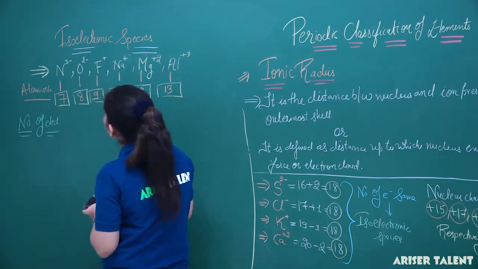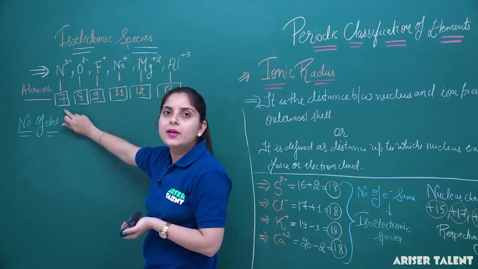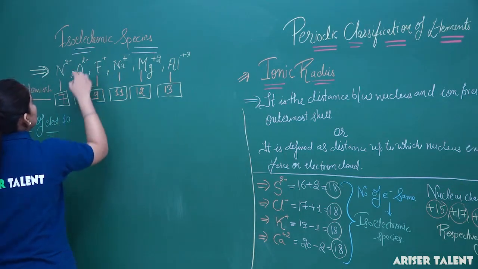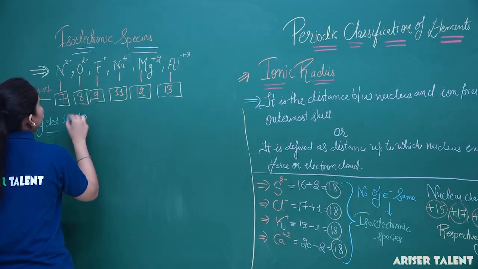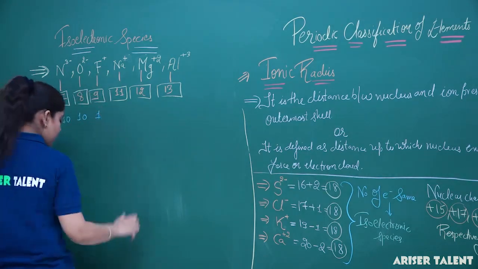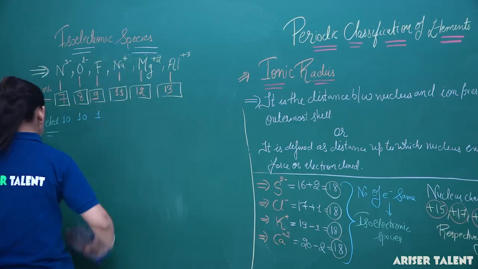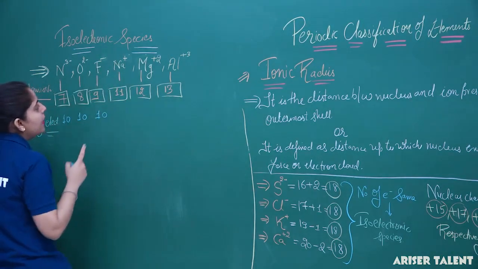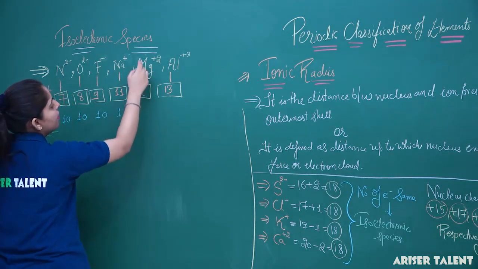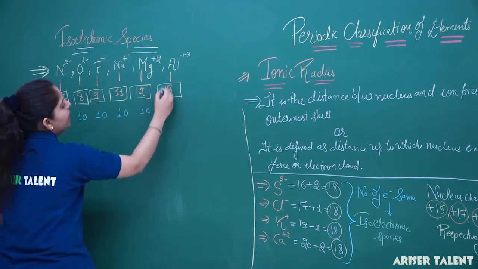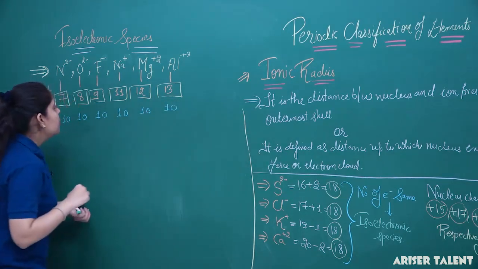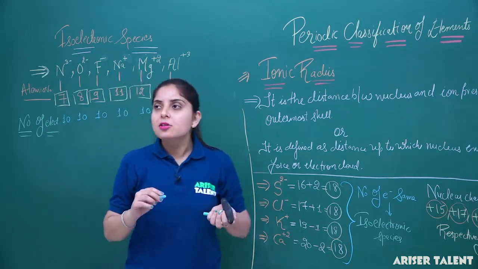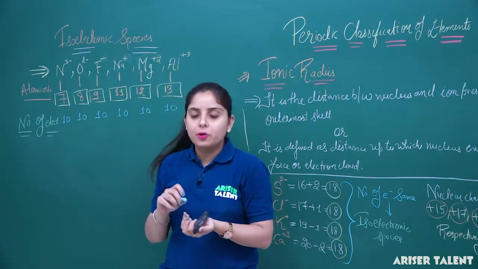You can count from here: 7 is the atomic number for nitrogen and it gains 3 more electrons, so 10. 8 plus 2, 10. 9, fluorine is negative, so it is F minus, 9 plus 1, 10. 11 minus 1, 10. 12 minus 2, 10 and 13 minus 3, 10. So you can observe that the number of electrons for each species here is 10. So we can consider that these are isoelectronic species.